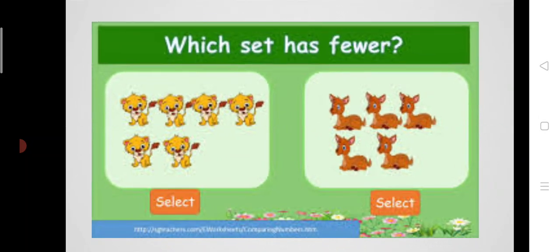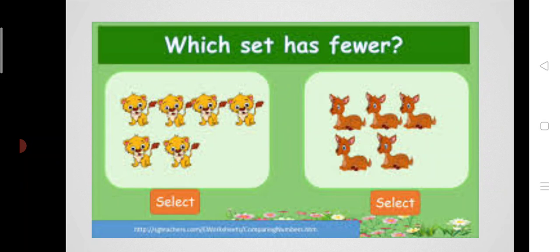Now in the first picture, count the animals: 1, 2, 3, 4, 5, 6. There are 6 lions. And in the second picture, 5 animals. So, which set has fewer? Fewer means less.